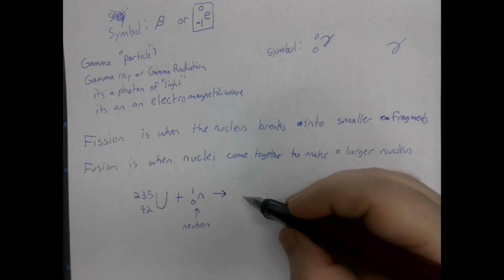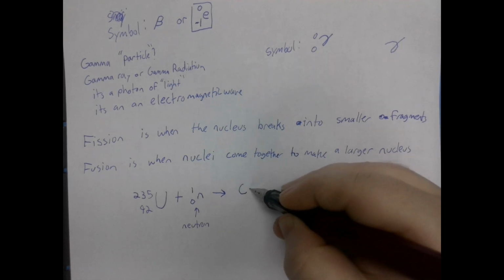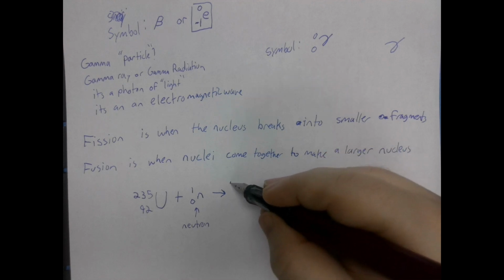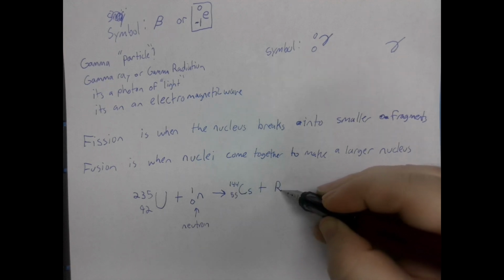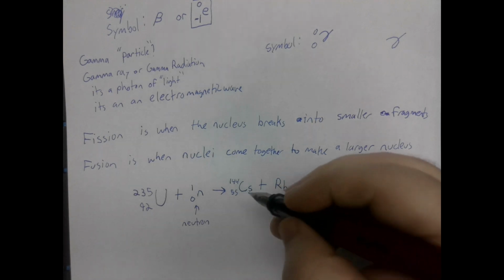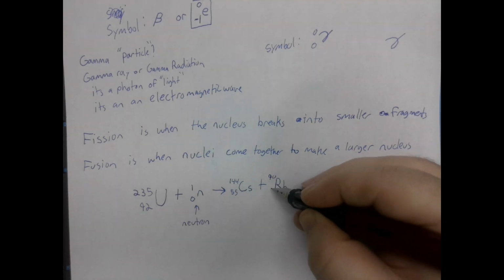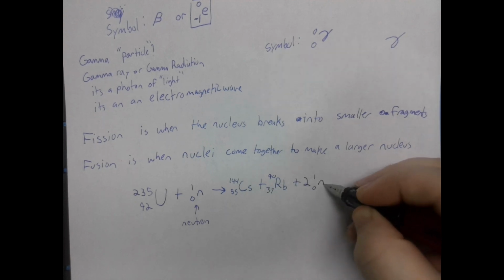What happens is we get cesium 144, rubidium 90, and 2 additional neutrons.